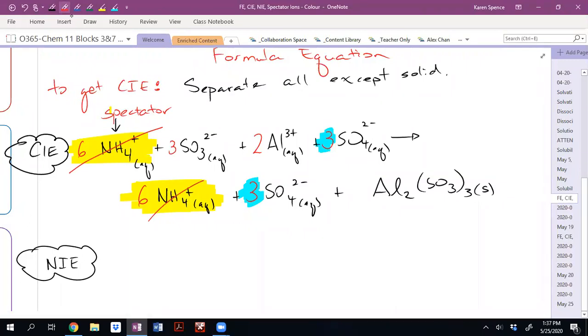Is SO3 a reactant or is it a spectator? Reactant. Yep, it's a reactant because it is on its own and now it is part of a solid.